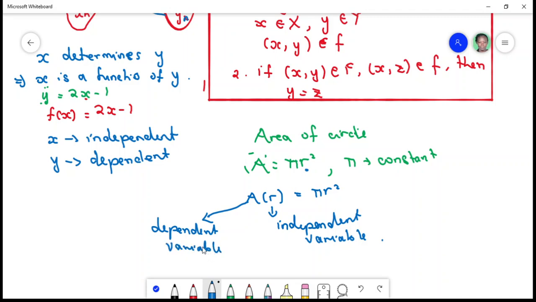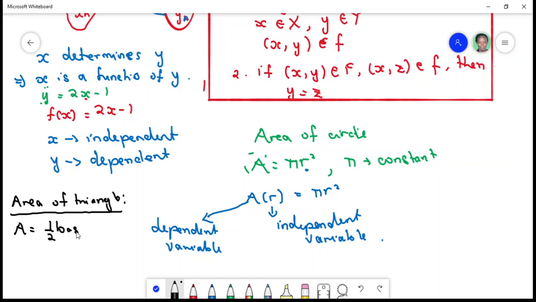So you could have many. Let's look at the area of a triangle. What is the area of a triangle? It is A equal to half base times height, which is 1 over 2 b h.